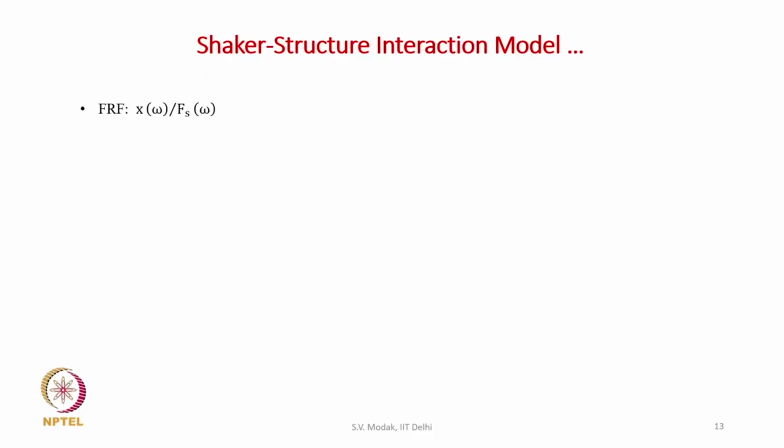Let us look at the FRF x upon Fs. What is Fs? Fs is the force shared by the structure, right. So the total force F can be written as Fs plus Fe.